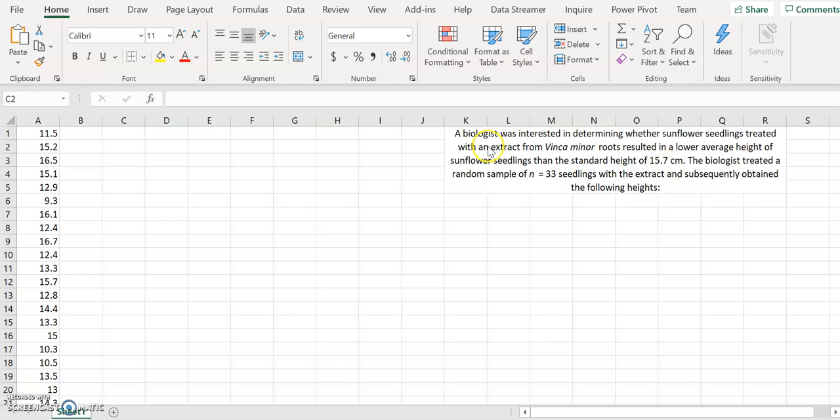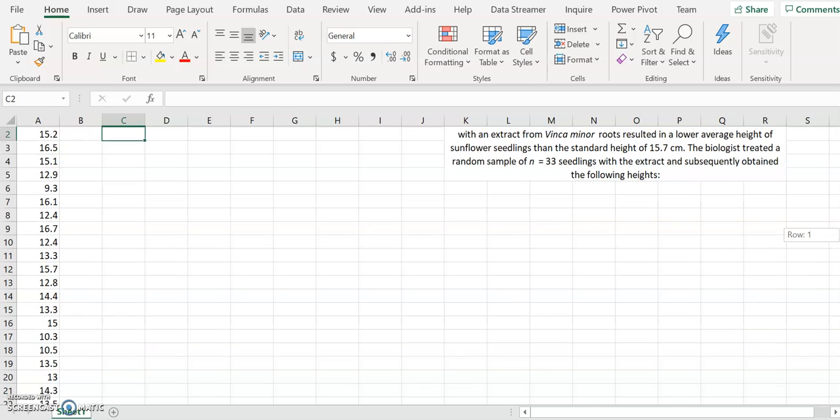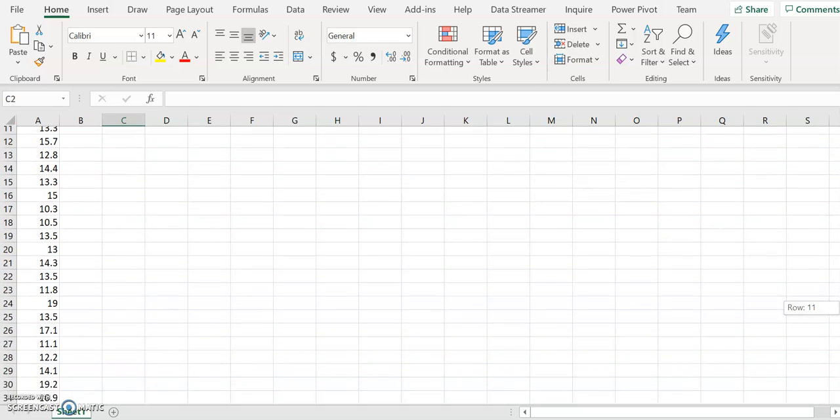But this biologist applied an extract from a particular plant to try to lower the height of the sunflower seeds. He had 33 samples, and he measured their heights after being treated with the extract. And we have the heights here in our spreadsheet. All 33 samples.